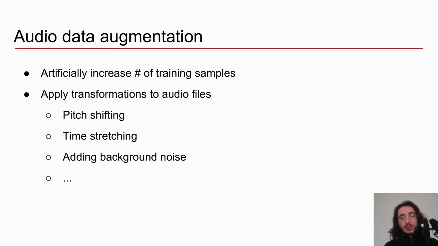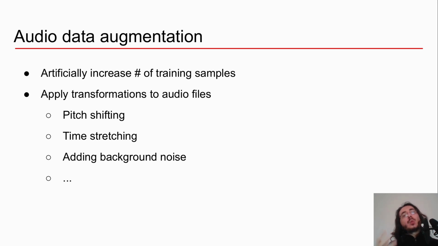For doing that, we can apply transformations to all of our training samples. In the case of audio, this means, for example, applying transformations like pitch shifting, where we move the pitch either up or down. We can also time stretch, so we change the speed of the audio file, or we can add background noise.